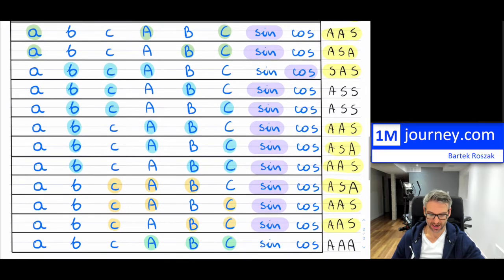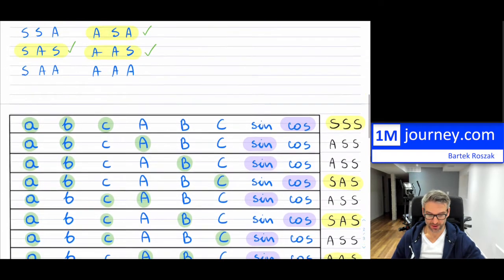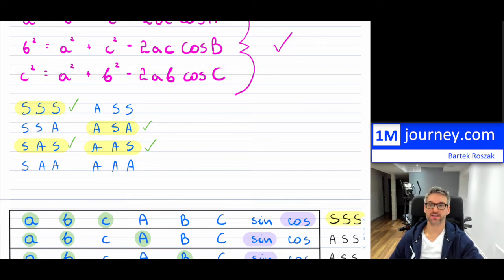Notice that it leaves quite a lot of them filled out, right? So these 4 instances, side, side, side, side, angle, side, angle, side, angle, and then angle, angle, side, capture for us quite a bit of the information.